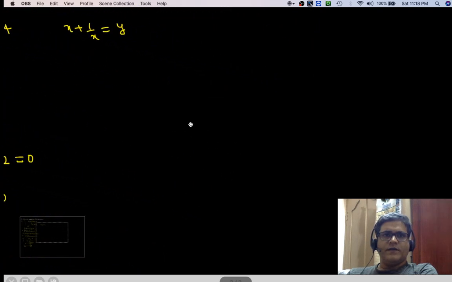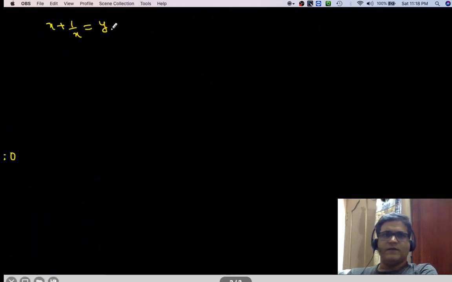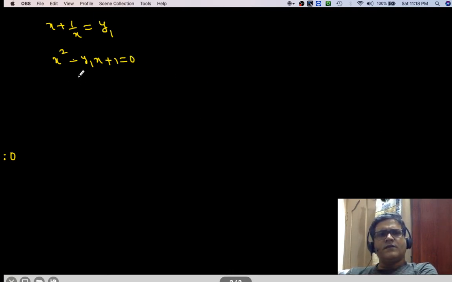First you take x plus 1 by x as y1, then solve for x, that is x square minus y1 x plus 1 is equal to 0. So it's a quadratic equation in x. It has two roots. Let the roots be x1, x2.